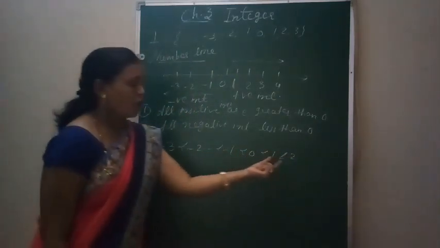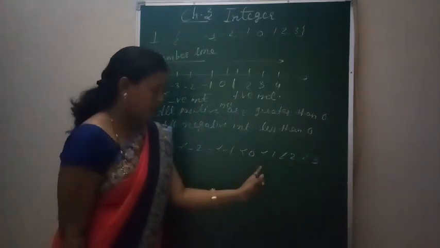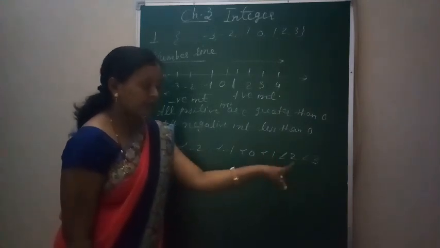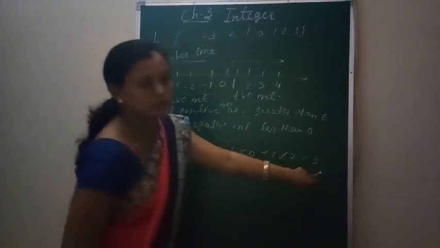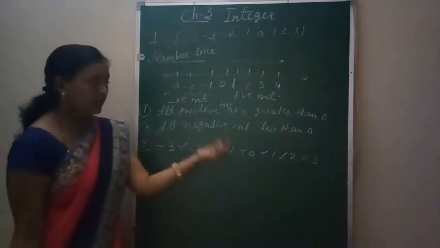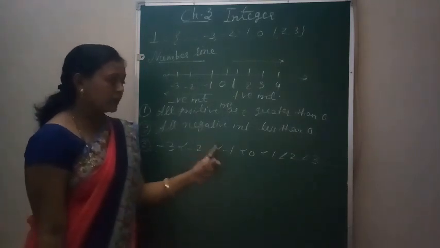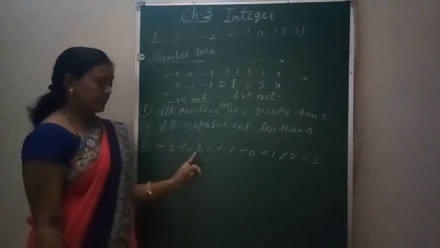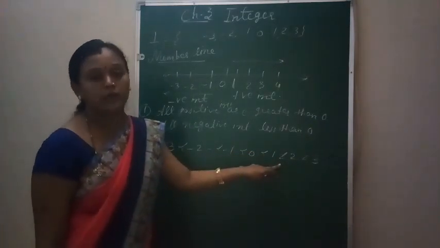All the positive numbers are greater than 0. So 0 is less than 1, 1 is less than 2, 2 is less than 3, and so on. When we talk about negative numbers, all of them are less than 0. And one more thing, a negative number is always less than a positive number.